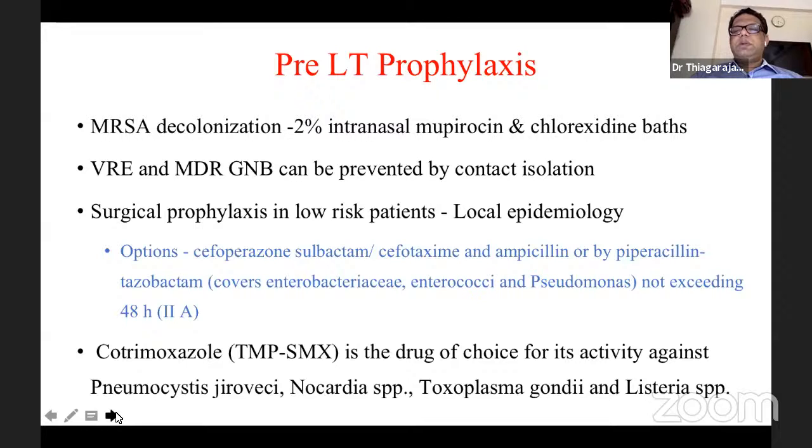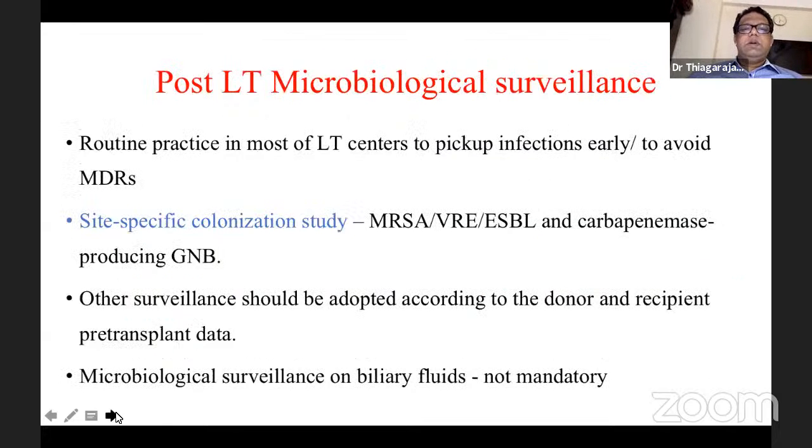We don't have to use the higher carbapenems or colistins for a low risk patient. It's important to give cotrimoxazole to cover the opportunistic infections.